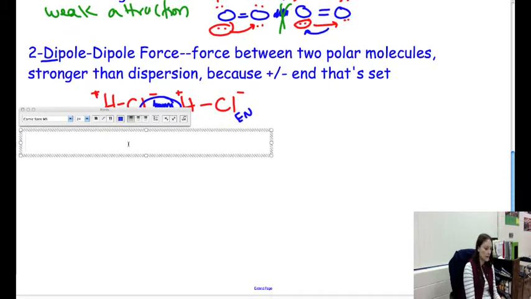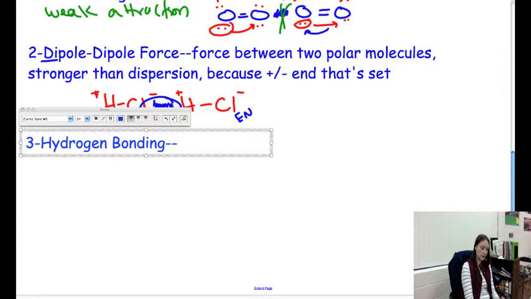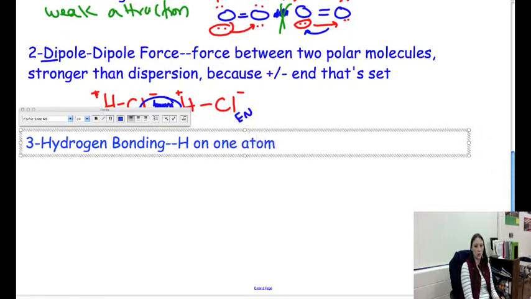It's actually kind of a form of a dipole. It's called hydrogen bonding. And this is between an H on one atom, and either an F, an O, or an N on another atom.